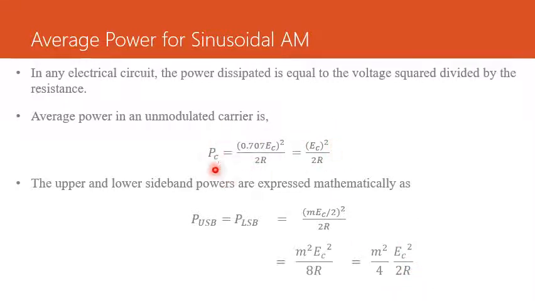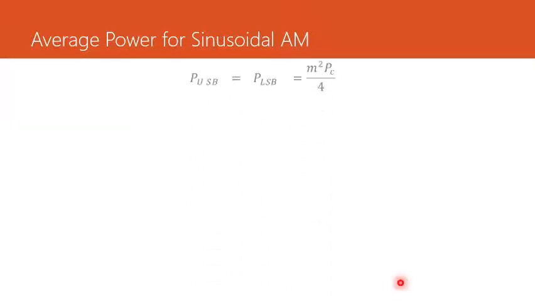The carrier power. So this expression becomes m square by 4 into Pc. So the expression is m square into Pc divided by 4, where Pc is equal to Ec square by 2R.